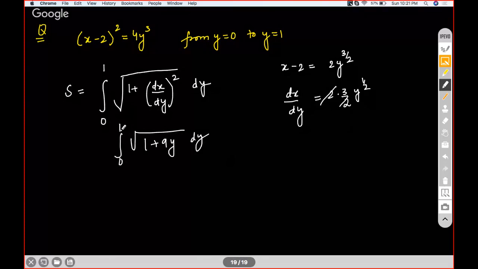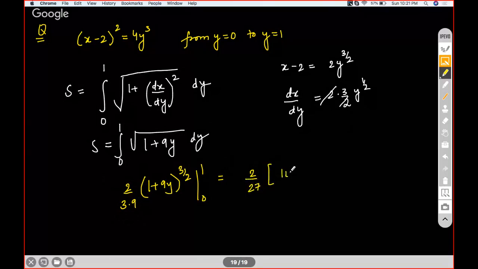Correct? One, two, three. It will be 10 to the power 1.5.